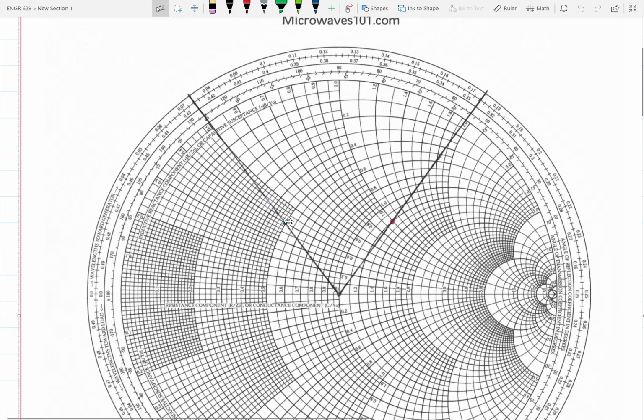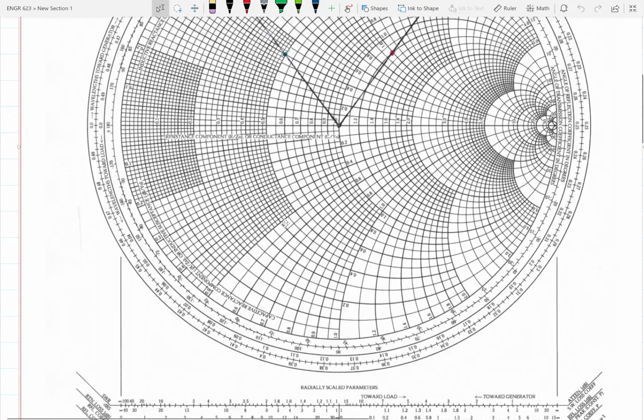And this will be our normalized input impedance to the transmission line. The red dot is the normalized load impedance. The green dot is the normalized input impedance.